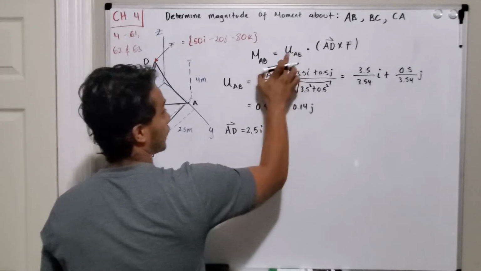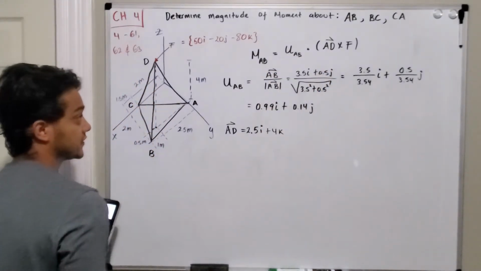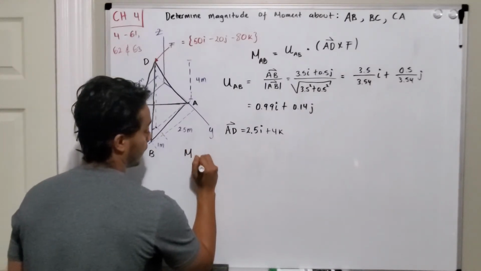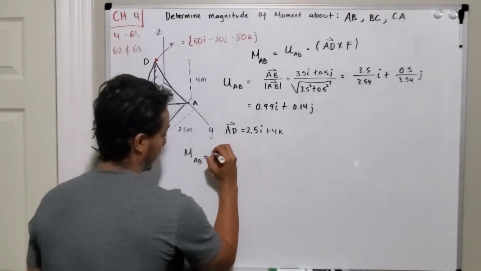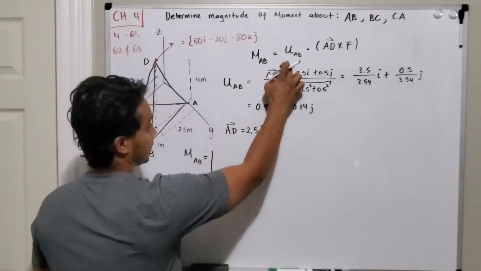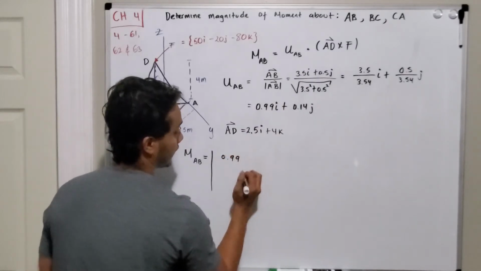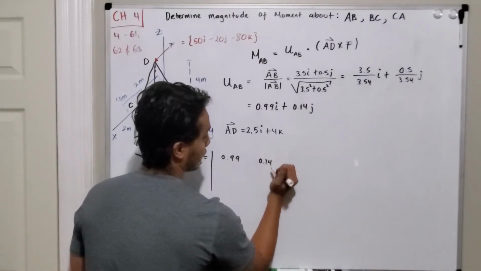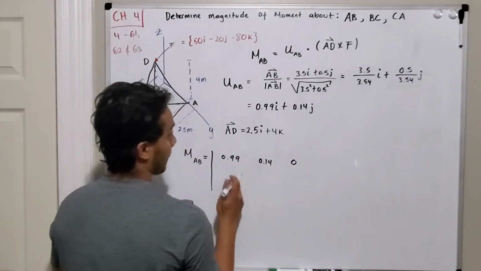So we found a unit vector, and we found the vector distance. Now all we have to do is the moment about my base AB. First the unit vector, which is 0.99 in the I direction, then 0.14 in the J direction, 0 in the Z direction.